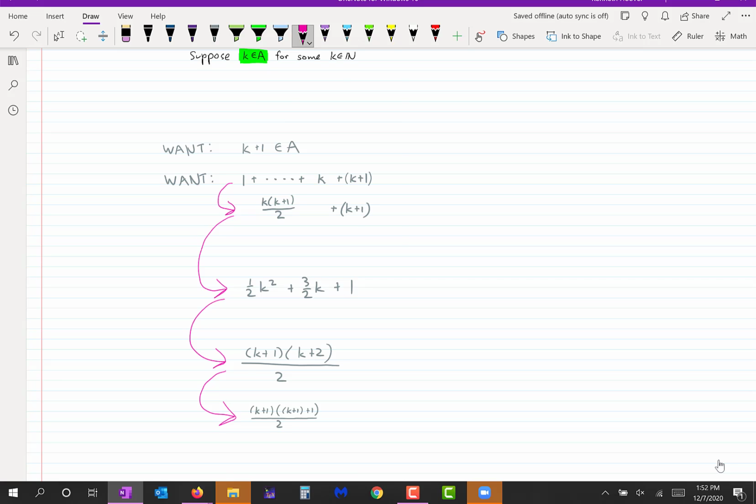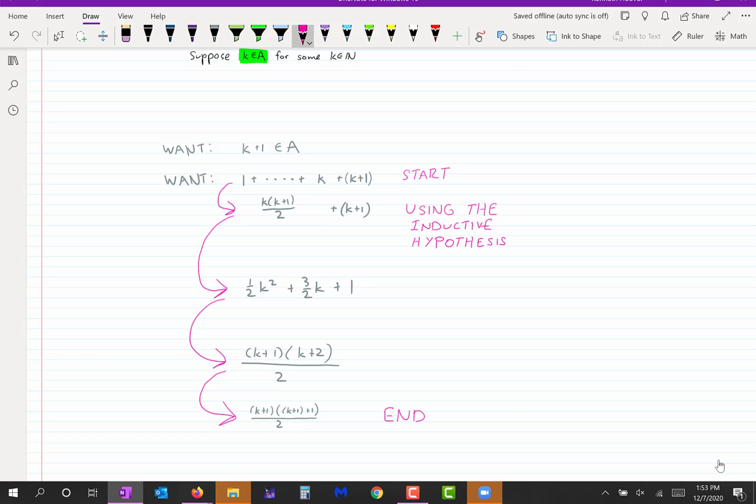So here's my start. And here's my end. So definitely those are not going to be skipped. Okay. The next line there that I have, that's where I am using the inductive hypothesis. So that's a very, very important step. Don't leave that out.